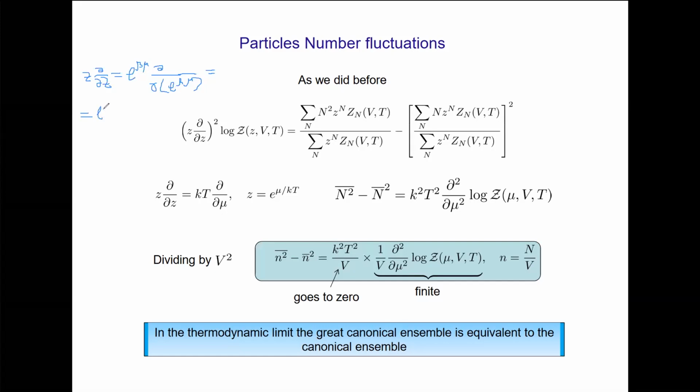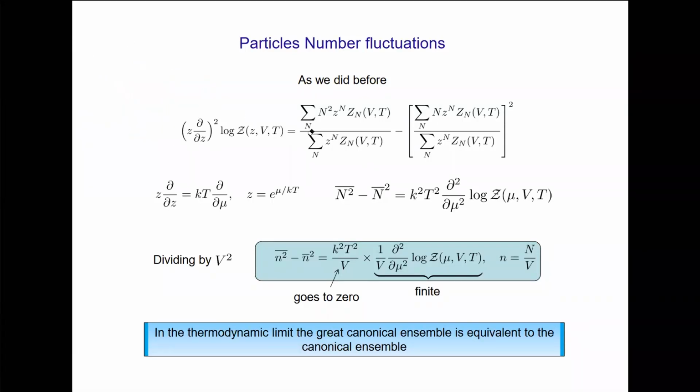So what we get is exponential of beta mu here, but you also need to differentiate this with respect to mu. So there will be an extra beta, 1 over d over d mu. These cancel out as before, but there is the factor 1 over beta here, and 1 over beta is kT. So this is the chain rule. I missed that 1 over beta on the previous slide.